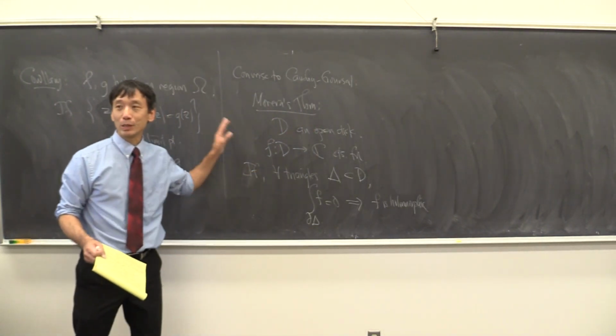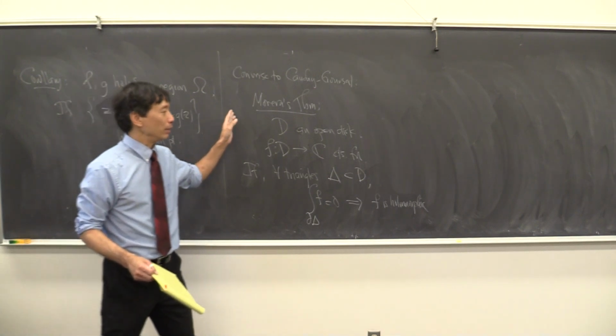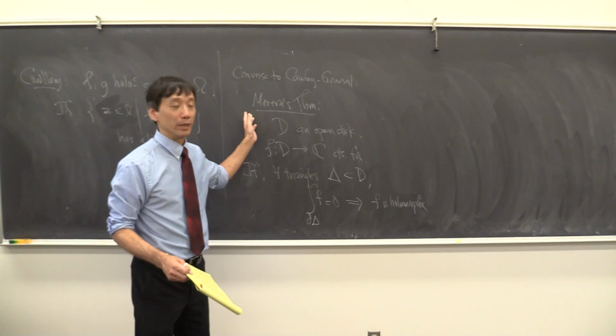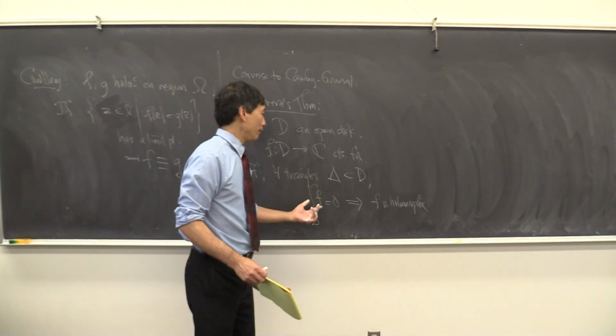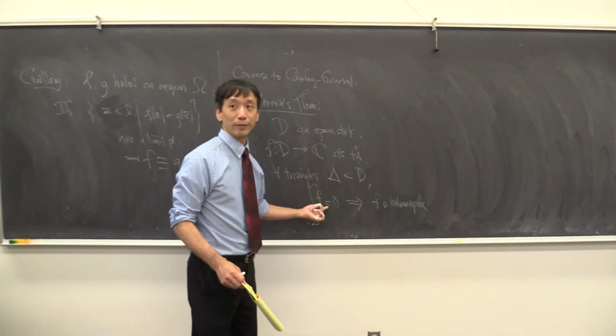Right. So remember, once we got Cauchy-Goursat, we were able to show that that would force the function to have a primitive, right? And so, if we have this condition, then we ensure that f has a primitive.